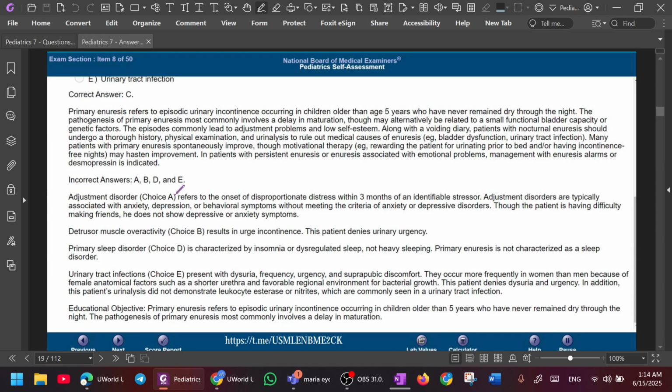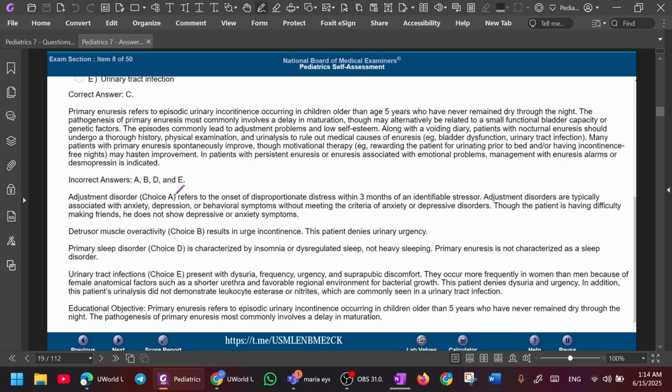Patients with nocturnal enuresis should undergo a thorough history, physical exam, and urinalysis to rule out medical causes of enuresis like bladder dysfunction or UTI. Many patients with primary enuresis spontaneously improve, though motivational therapy may hasten improvement.